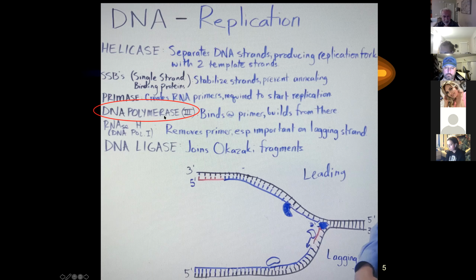However, DNA polymerase 3 cannot do it alone. It needs these other factors, enzymes and proteins, in order to function. So the entire process requires all 6 of these factors, whereas it's really just one enzyme that's doing all the replicating.